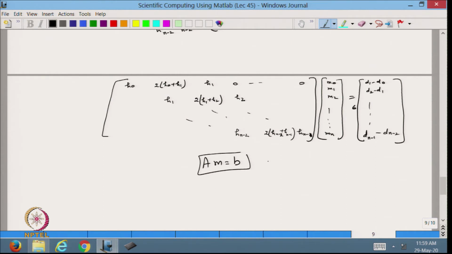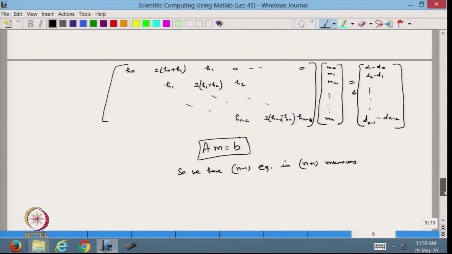Now, this expression, if you see, we have n minus 1 equations in n plus 1 unknowns, because I need to find this m0, m1 up to mn.